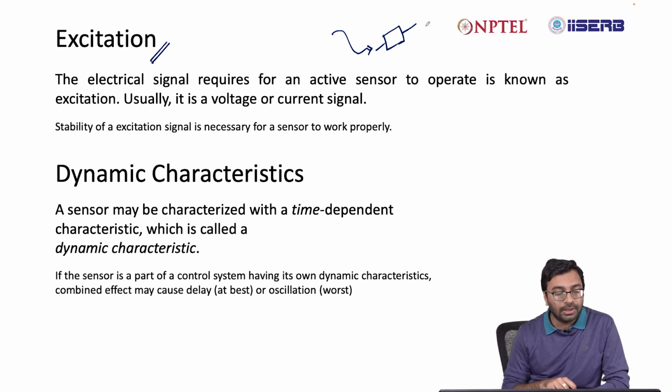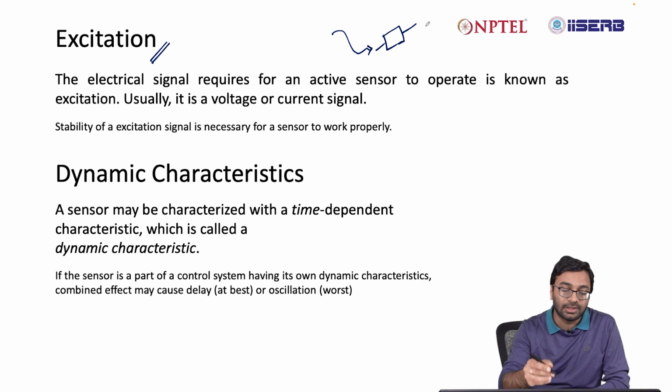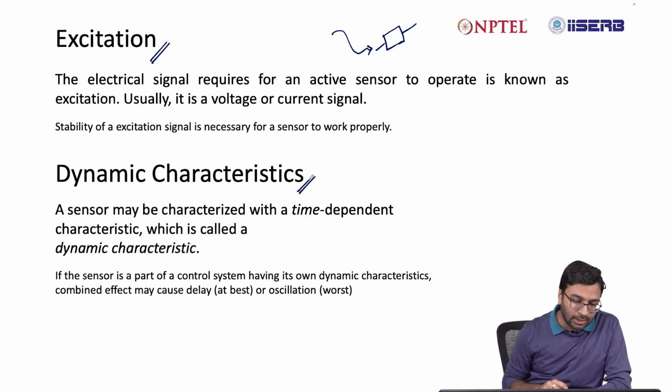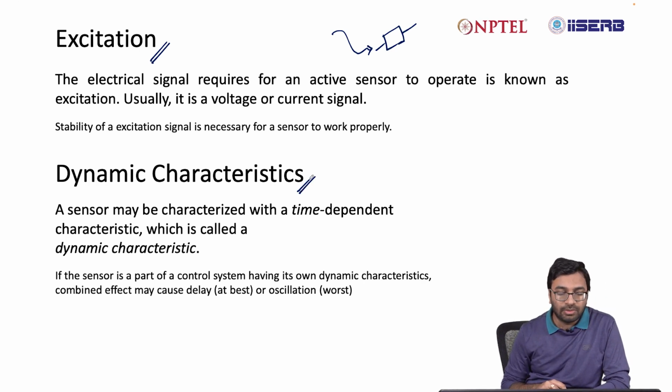The other parameter that is again very important is dynamic characteristics. A sensor may be characterized with time dependent characteristics, which are called dynamic characteristics. To some extent you have already studied dynamic characteristics in your control systems or maybe analog circuits. What does that mean? It shows the transient phase of your sensor response.